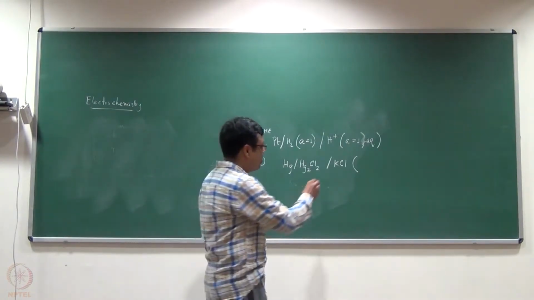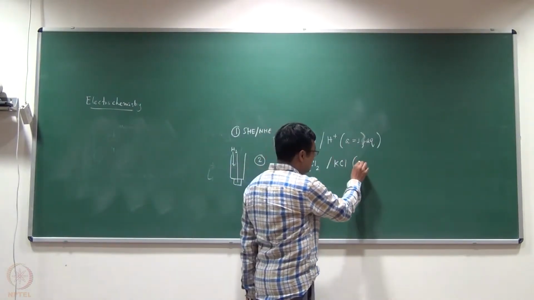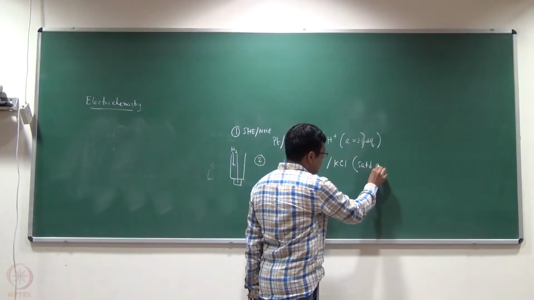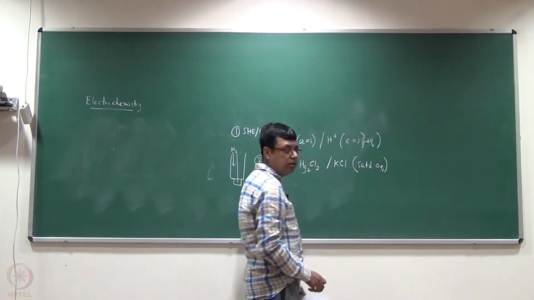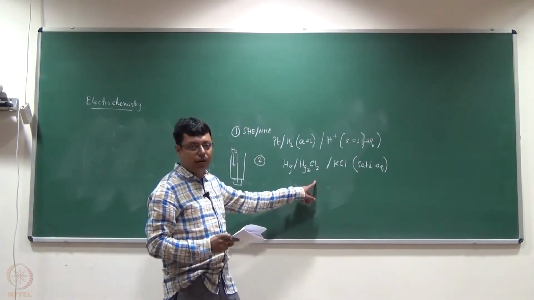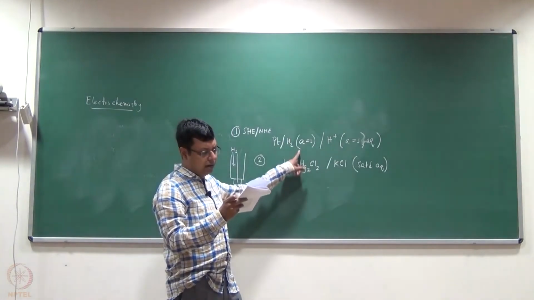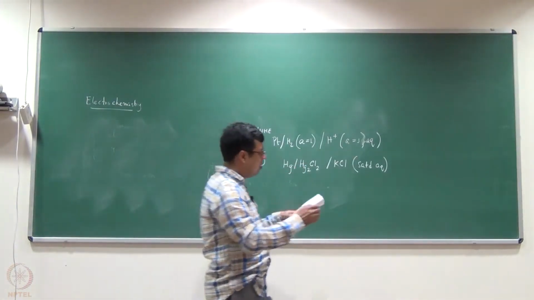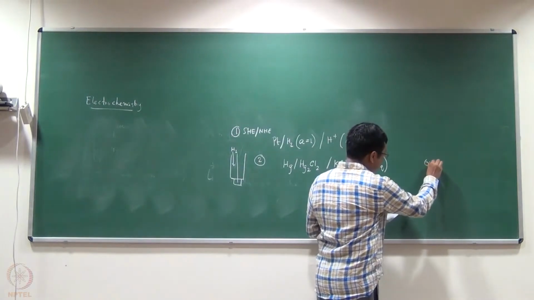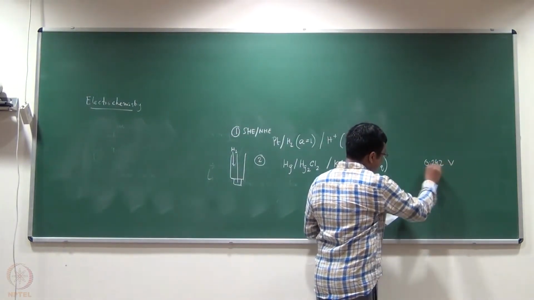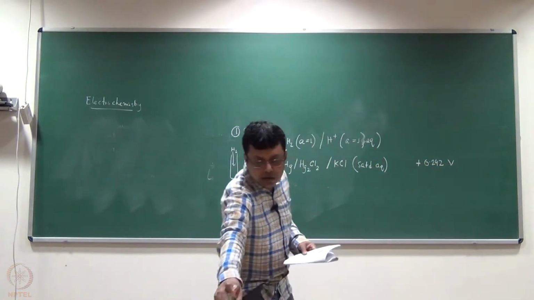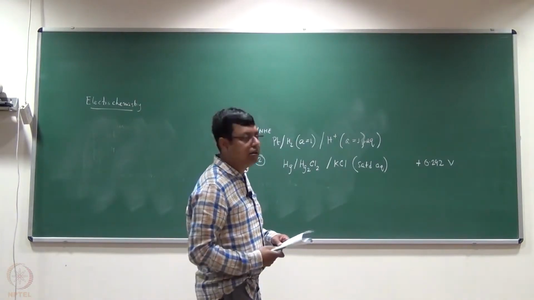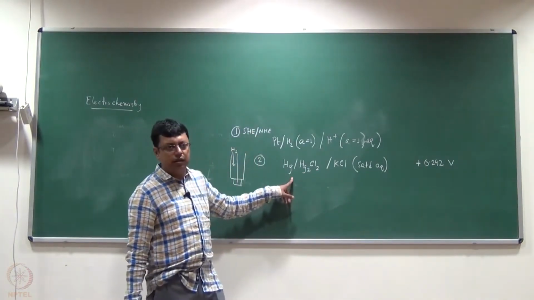So instead of writing a equal to 1, we write it as a saturated aqueous solution. The potential of that with respect to the standard hydrogen electrode is something like 0.2424. Clear? So this is one of the practical electrodes.